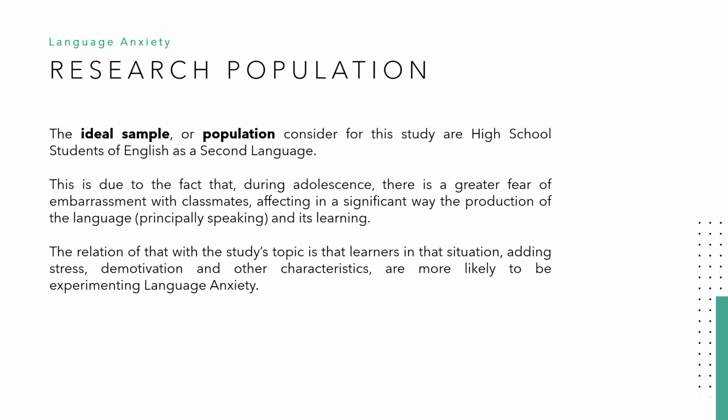Why? Because one of those difficulties I already mentioned is the fear of embarrassment in the classroom when they have to produce in the language that can affect very, very hard the learning of that student or group of students.